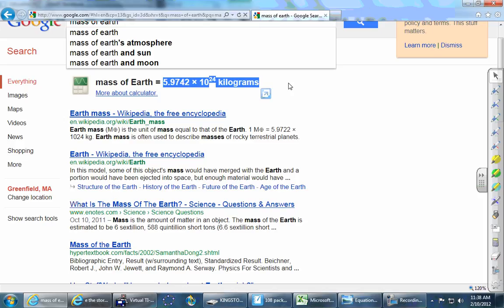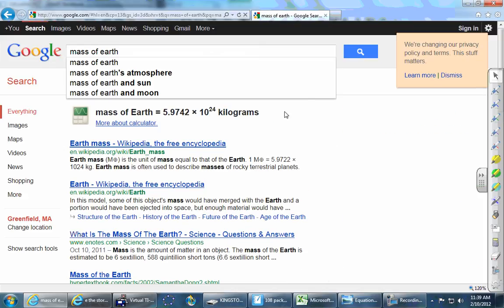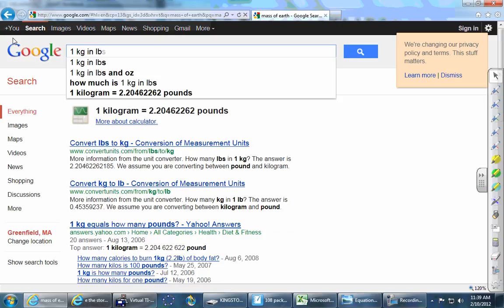What is it? This is kilograms. 1 kilogram in pounds is 2.2 pounds. Anybody need this number?